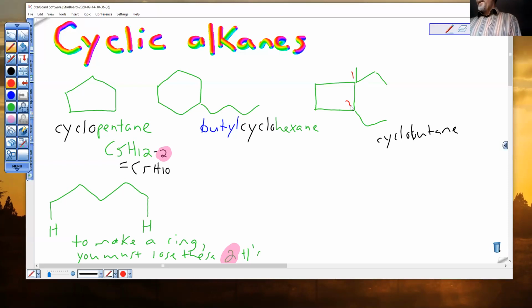I like that a little bit better than starting here, going to 2 here, and here's the reasoning. What I'm going to do is in red, put the number where the first group is, which is 1. Put the number where the second group is, which is also on 1, and put the number where the third group is. Now, if I'm using the blue system, the first group is on 1, second group's on 2, and the third group's also on 2.